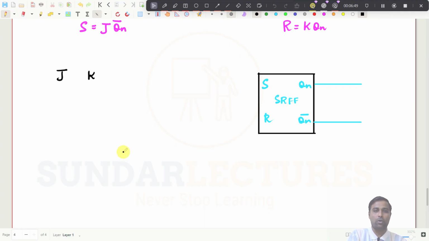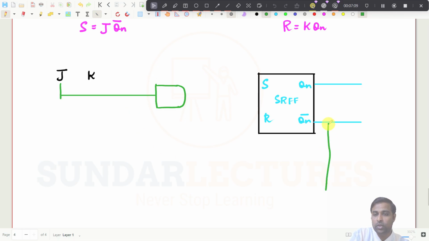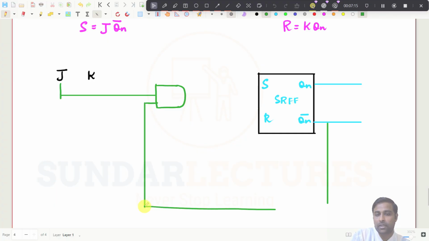So what I can do now, to get the S, I need to multiply J and then Qn bar. For that, simply put an AND gate here. What do I have to get here? I have to get J as one term and this Qn bar as the other input, right?